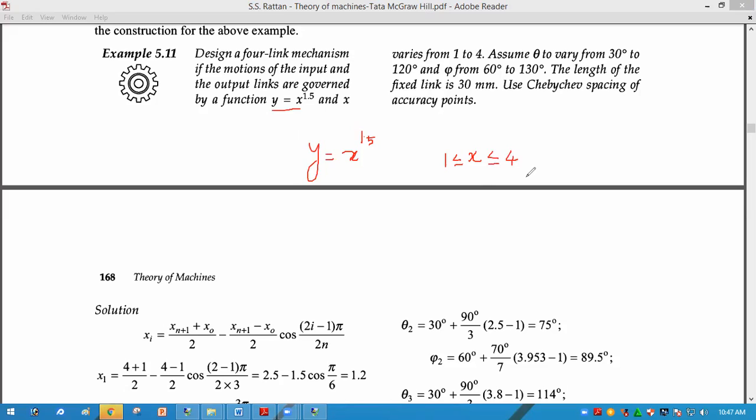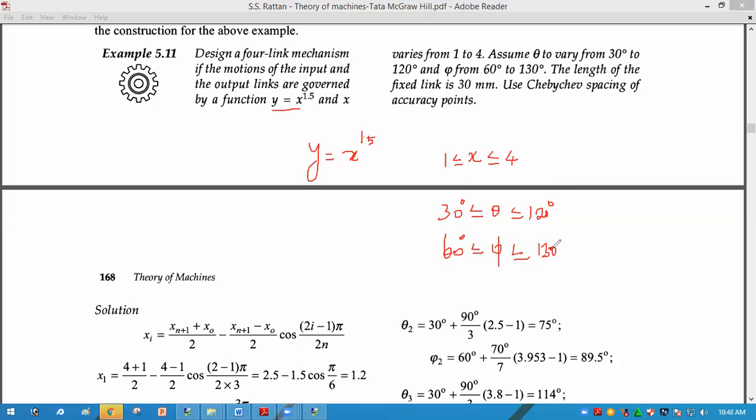Assume theta to vary from 30 degree to 120 degree, which means 30 degree less than or equal to theta less than or equal to 120 degree, and phi varies from 60 degree to 130 degree.